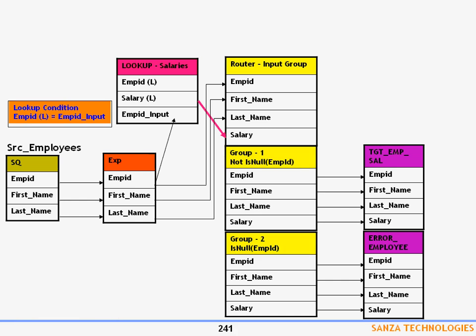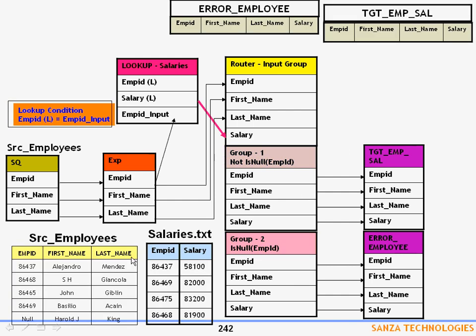Now you execute the mapping. Let's say I haven't executed it yet. You have the 2 sources, src employees and the salaries.txt file.